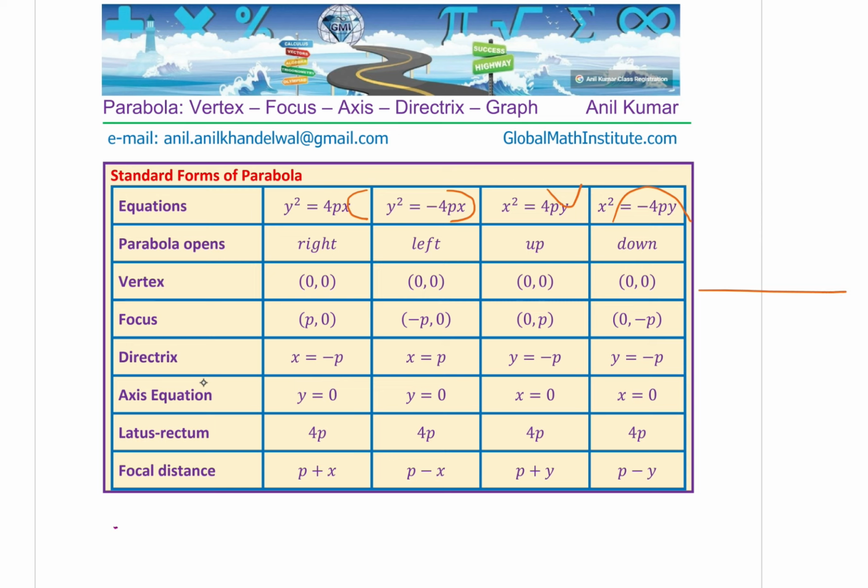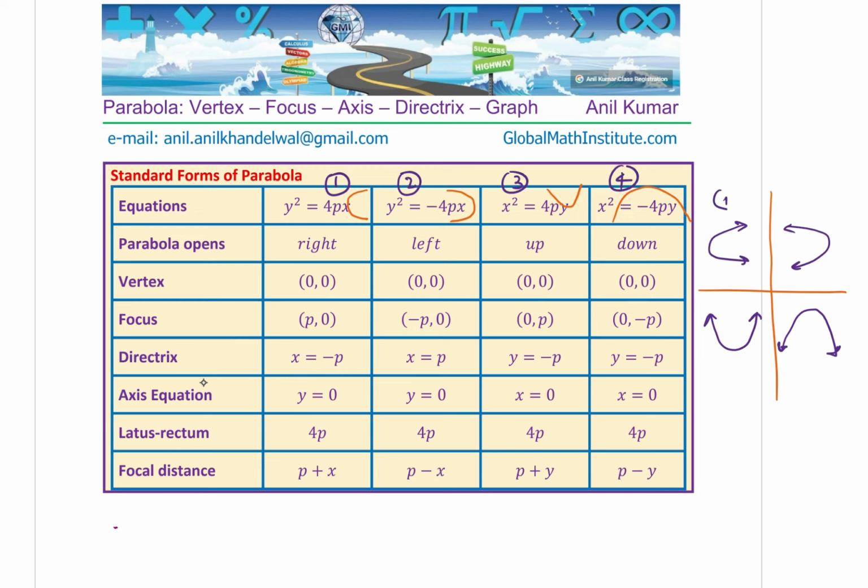So those are the four different conditions for the parabolas. Let me just sketch them here for you. We could have a parabola opening right or left, or it could be going up or opening down. Those are the four conditions we are talking about, and with respect to these four conditions, we have these four formulas: 1, 2, 3, and 4. Clear?